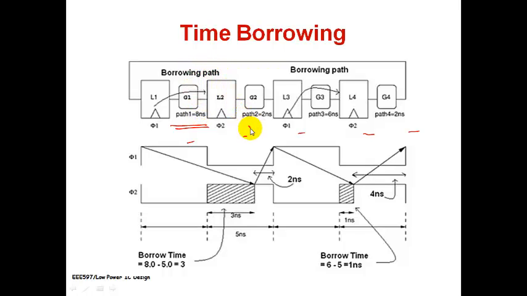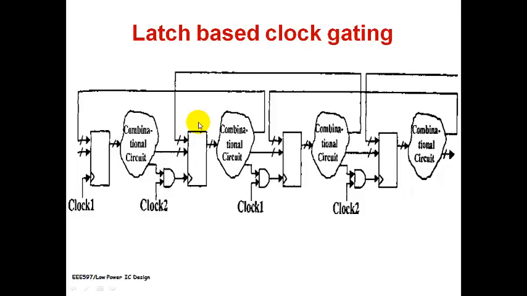Whereas I would need only 2 nanosecond, 6 nanosecond, 2 nanosecond, unnecessarily I would be spending time, and I would be introducing delays to calculate, because the maximum delay whatever I would have through one particular logic path would determine the minimum, that is the frequency what I would operate for the flip-flop. So that would limit. This is the advantage what we have out of the latch based clock gating.